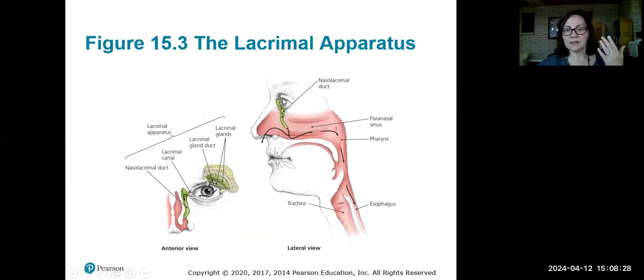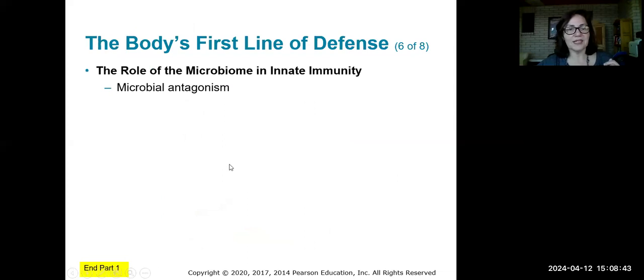Here we have even the lacrimal glands, exposure here, but we're fighting off infection in the eyes all the time. And the urogenital system, which is not pictured, also has mucosal lining.